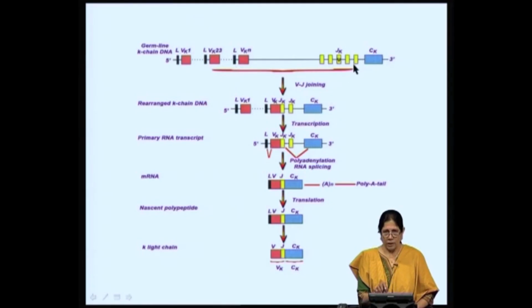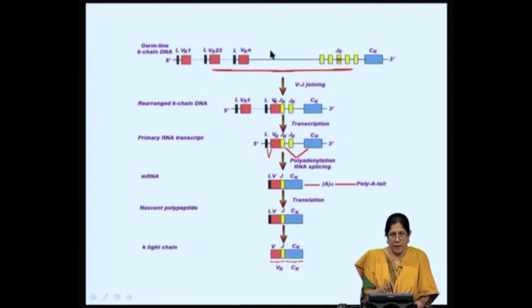Any one of the J can join with any one of the V. There is a slide that is going to depict later on how many V gene segments we have and how many mice have. Most of the studies carried out by immunologists have been carried out in mice, because mouse is a good model, and almost whatever is true of mouse is true of humans as well.